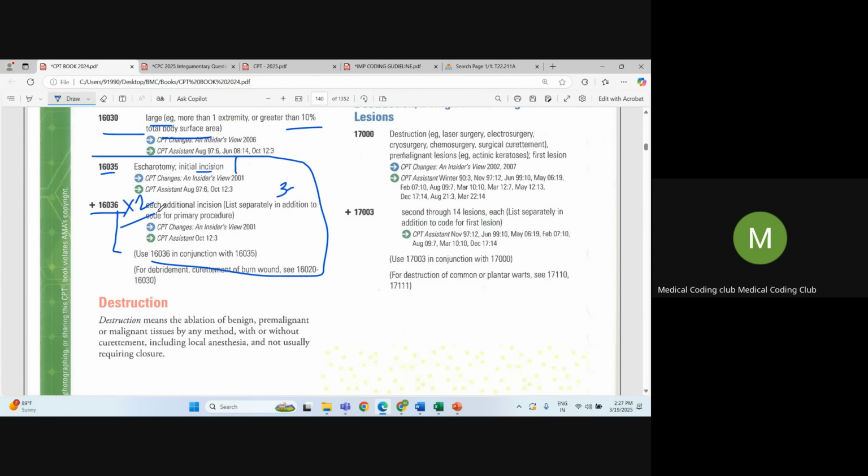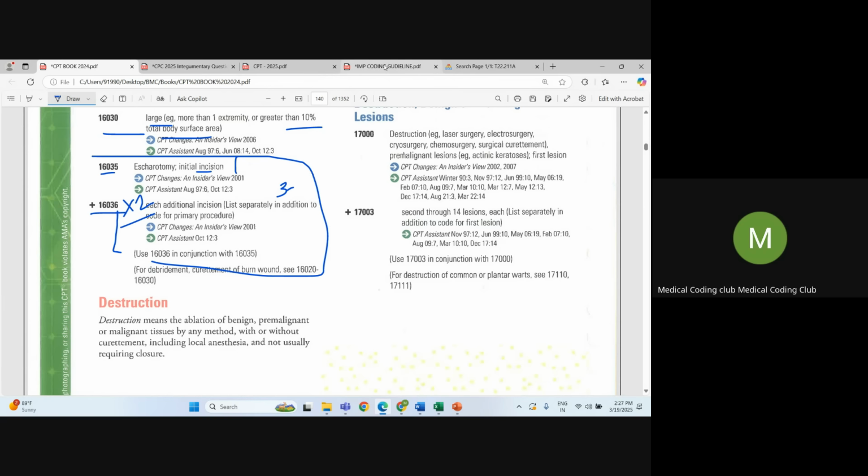After the body is burnt, the burnt skin will not allow proper blood circulation. So to promote skin growth and make that breathing space, they remove the dead skin using the escharotomy procedure.